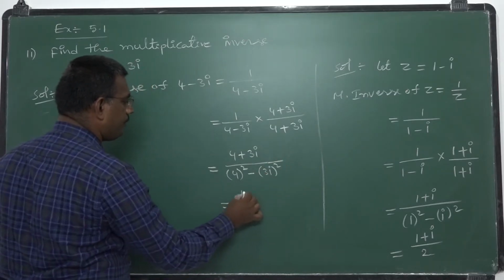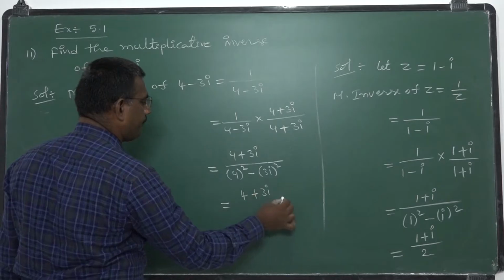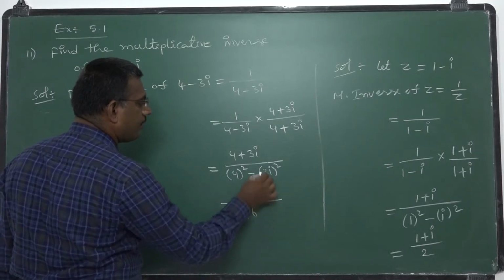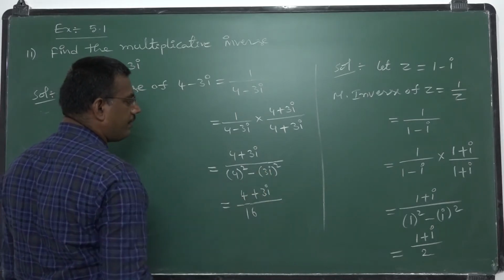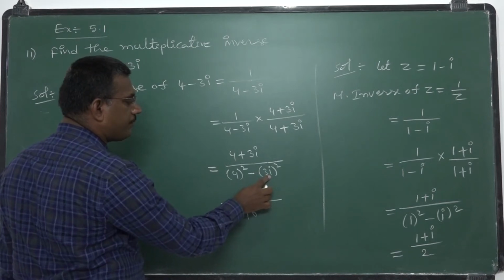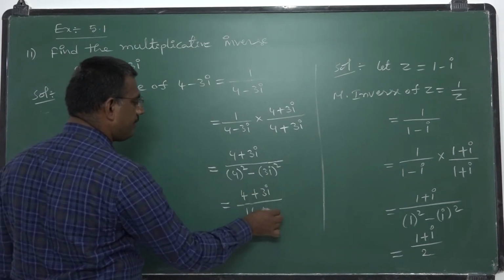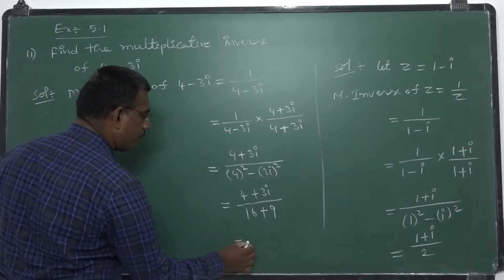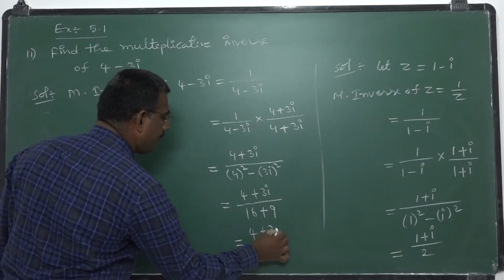So this will be equal to 4 plus 3i by 16 plus 9, since 3i whole square means minus 9, minus into minus plus 9. So this is equal to 4 plus 3i by 25.